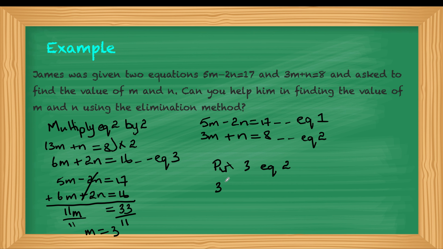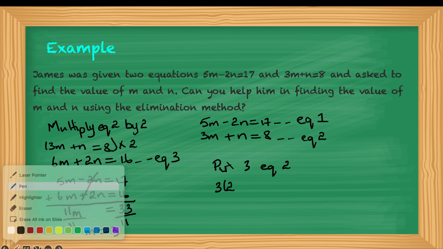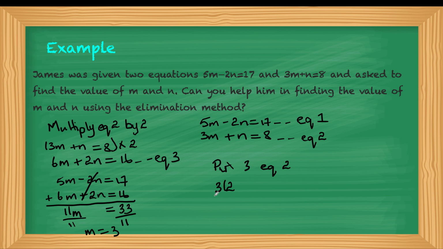So here we're going to say 3 times 3 plus n is equal to 8.